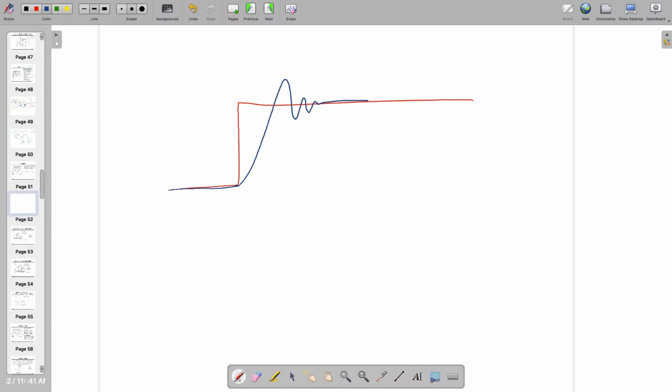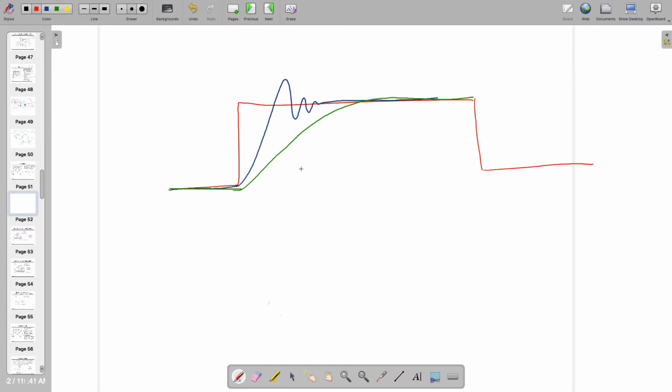If you know that this kind of output is coming, and another output is like this, which one will you prefer, the green one or the red one? If you have sufficient time to get settled, I can choose the green one.